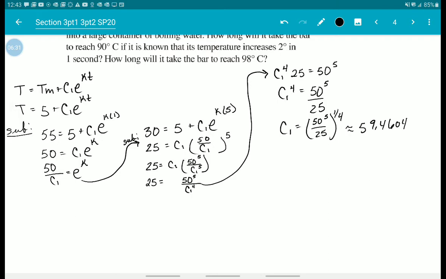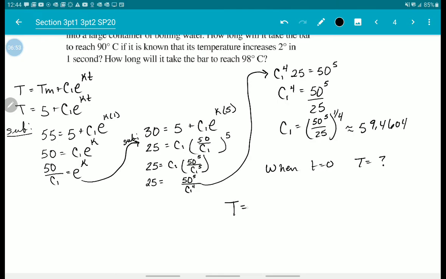But now that we know C1, well, in this case, we really don't need to know the K because we want to know what's happening at time 0. So here's our model.